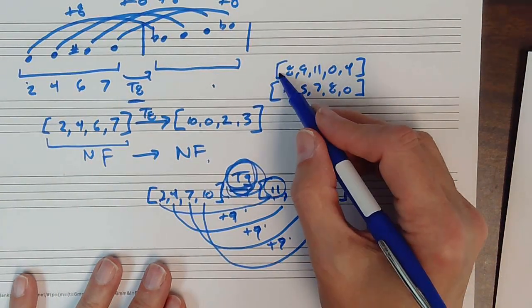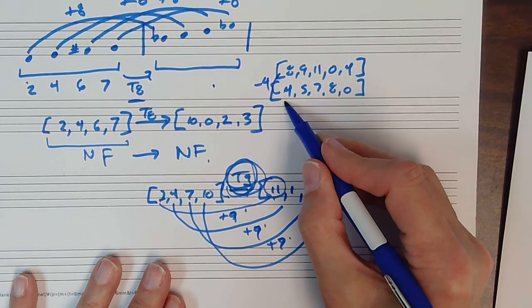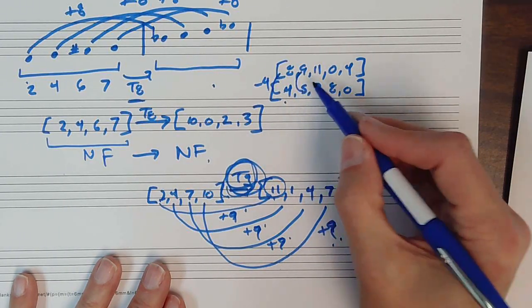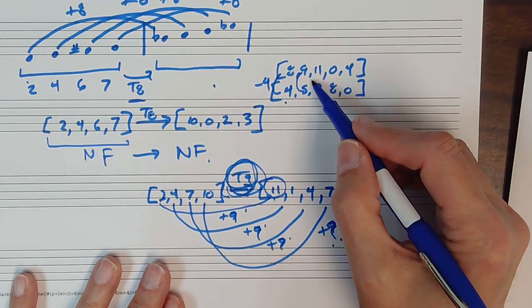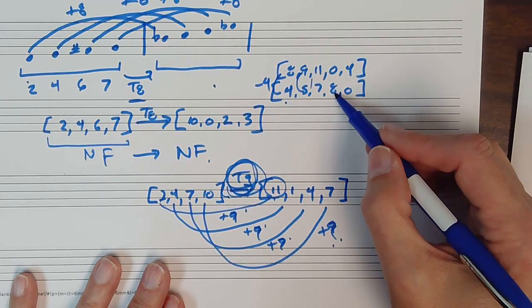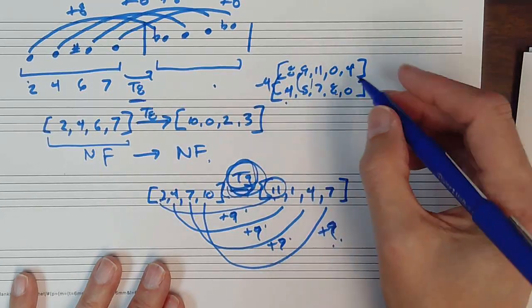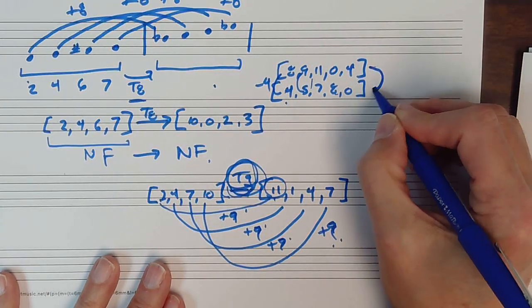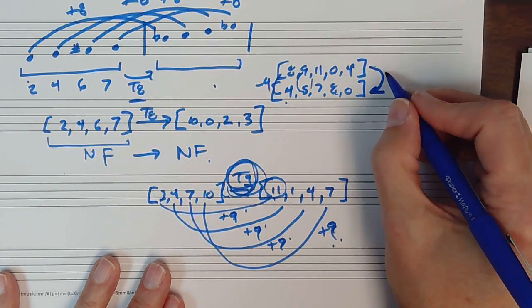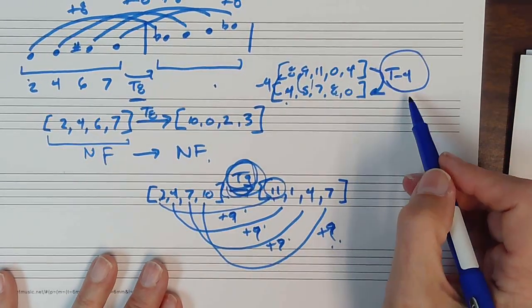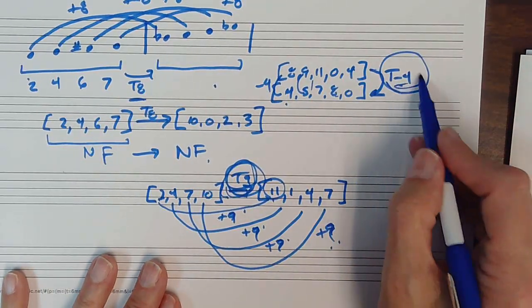And can you see that from here to here is -4, 9 to 5 is -4, 11 to 7 is -4, 0 to 8 is -4, 4 to 0 is -4. All right, so from this first set to the second set, we could say T minus 4, but we don't usually use a negative number here.